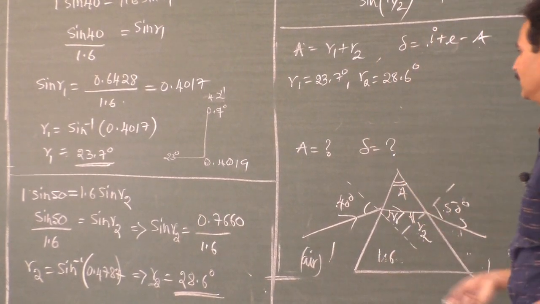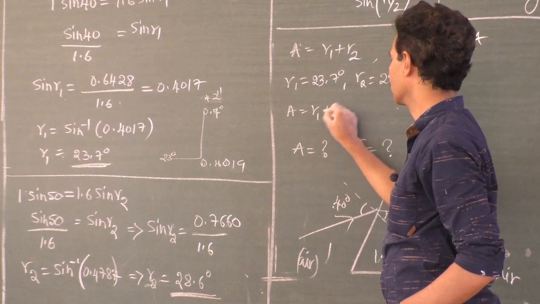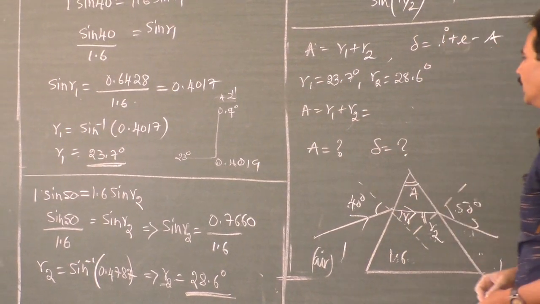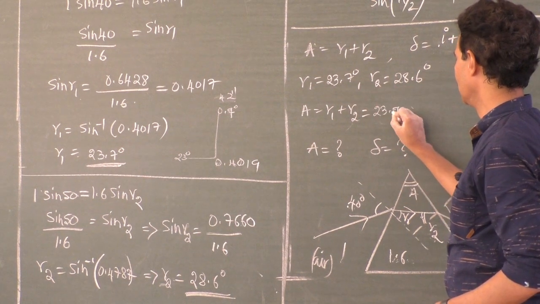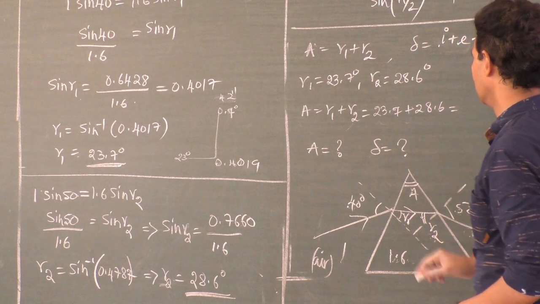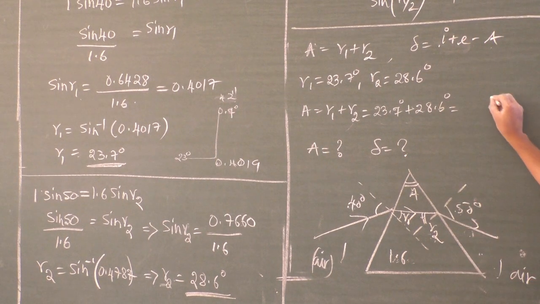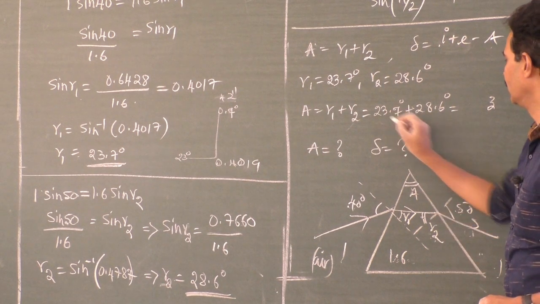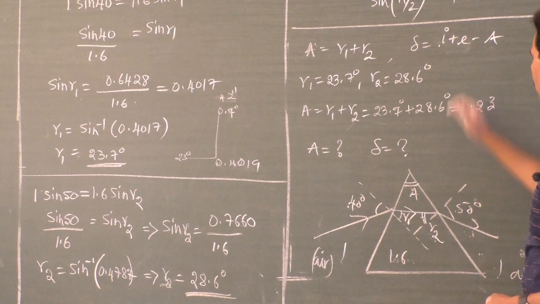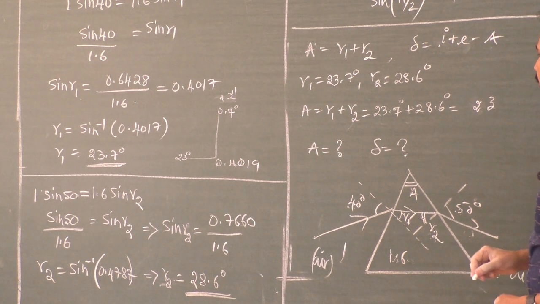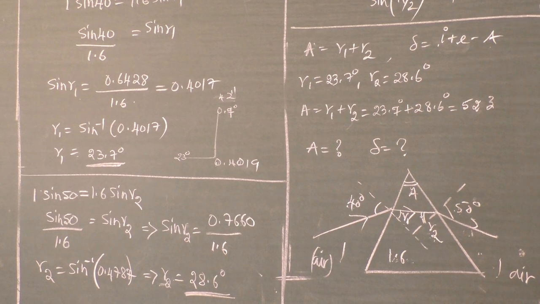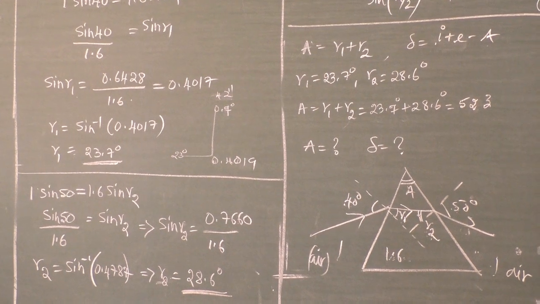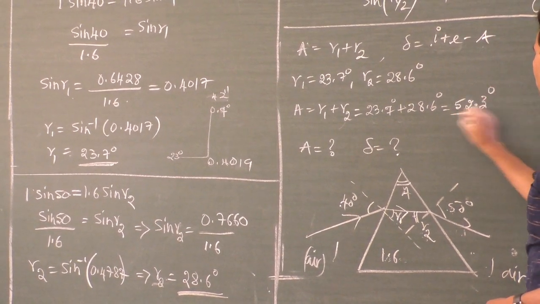So A is 23.7 plus 28.6, which is 52.3 degrees. This is the angle of the prism.